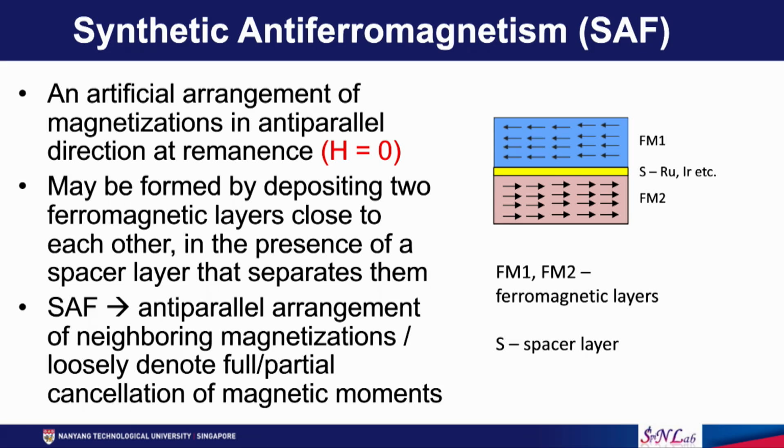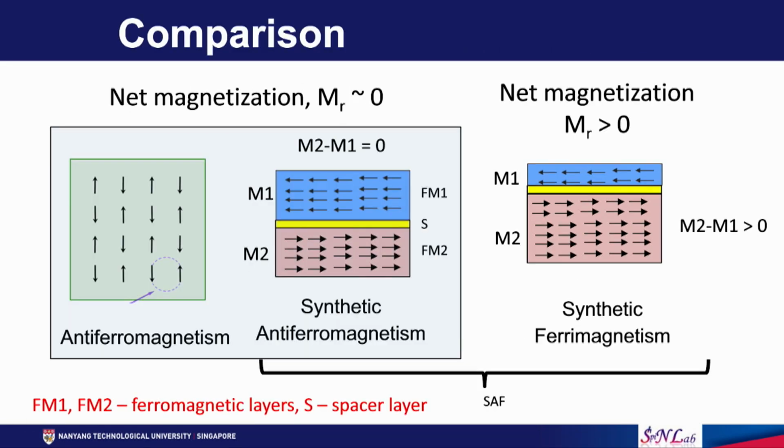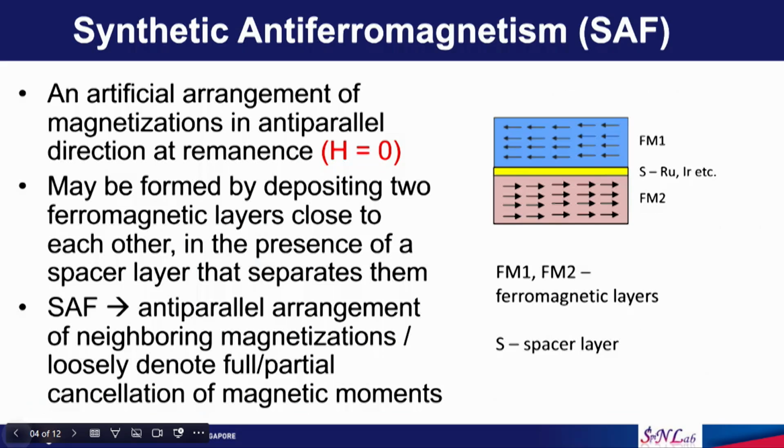Even if you remember the GMR concept that we learned, when we learnt GMR, we learnt that in iron, chromium, iron, the magnetization of the two layers at remnant were in the opposite direction.